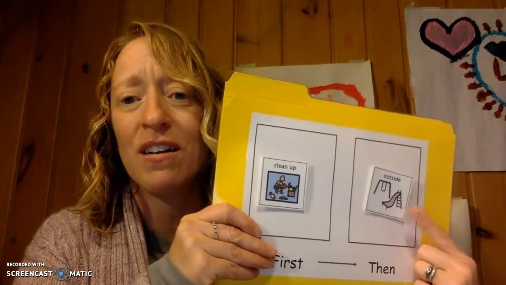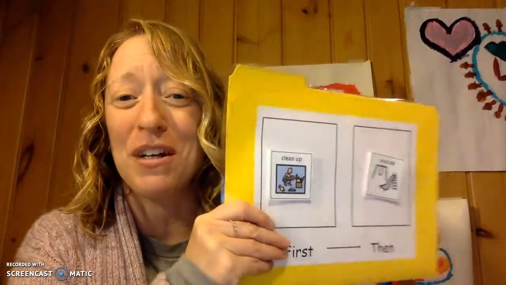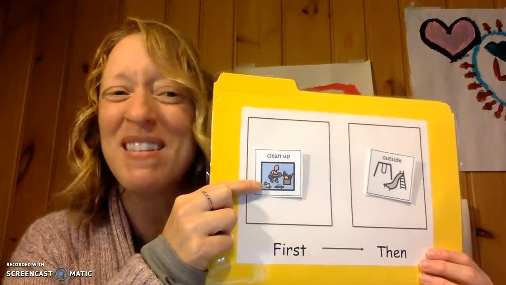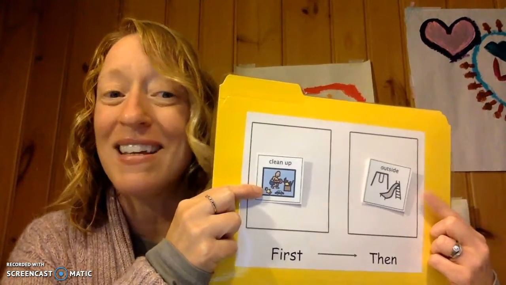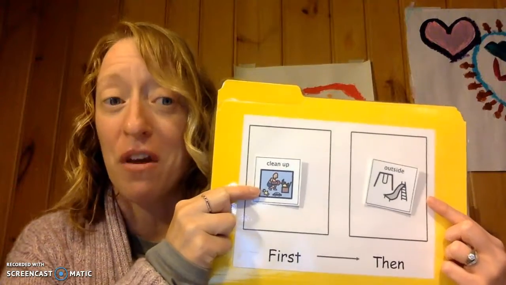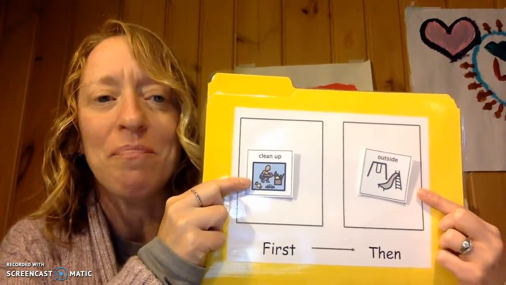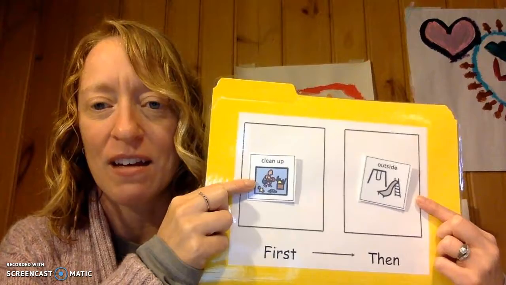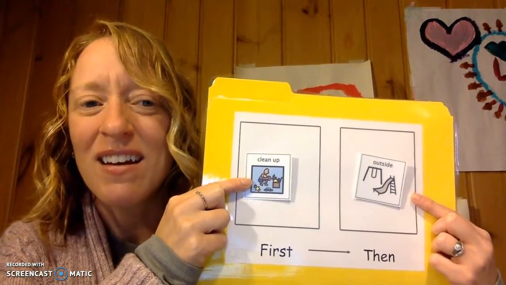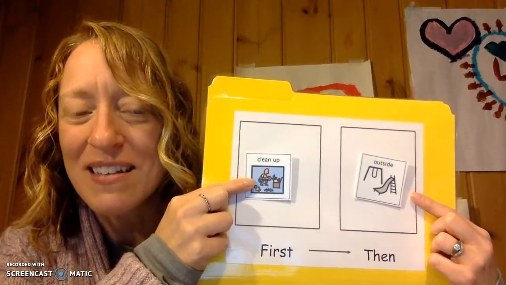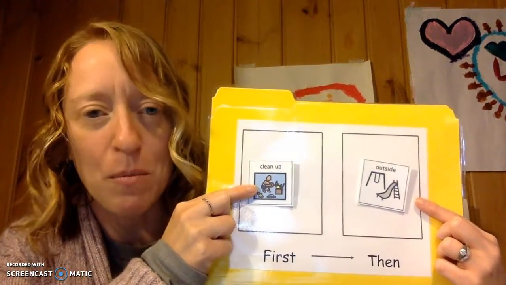So when you first begin, you're going to want to make this preferred choice over here something that they really want to do, because the first might be something they don't like, but if they see that they get to do something they really like, maybe Play-Doh or playing outside, they're going to be more likely to do the first thing. And once they get the hang of it and they know that they get to do the next thing, then you can put things that are a little bit more challenging.